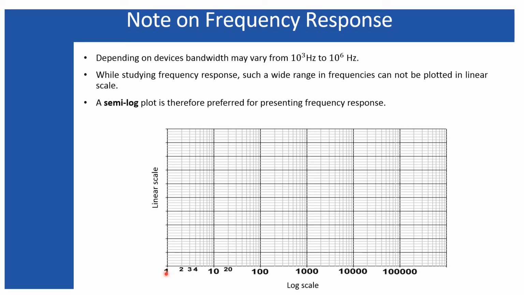If it starts with 1, then the next major tick will be 10 times 1, that is 10. Similarly, 10 times 10, the next major tick will be 100, and the next major tick will be 10 times 100, that means 1000. Similarly 10 to the power 4, 10 to the power 5, 10 to the power 6.